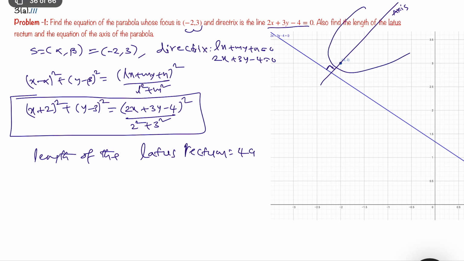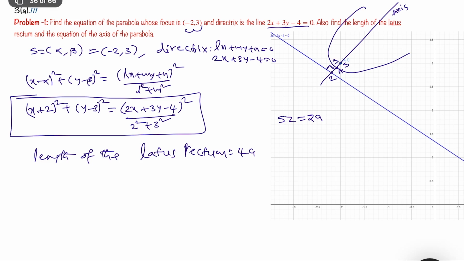Now the intersection of this axis and directrix, let us denote by Z. The focus is S. Now I can say that this SZ will be equal to 2a, because here is the vertex A. The vertex is going to be the midpoint of Z and S, and we know that the distance between A and S will be equal to a. That's why this SZ must be equal to 2a.